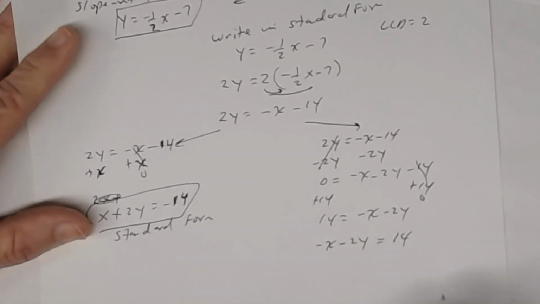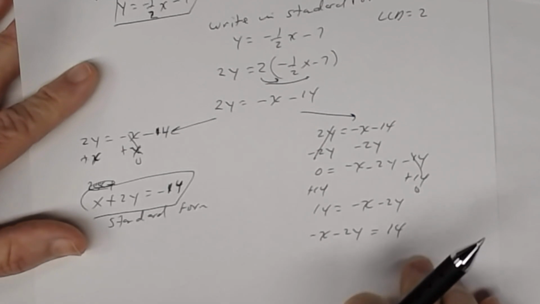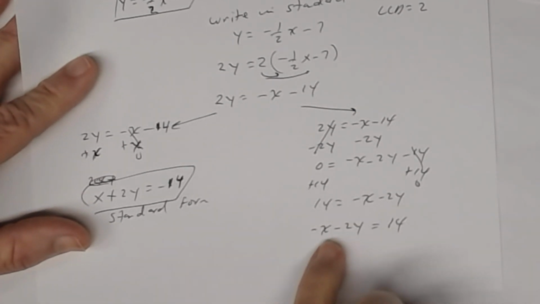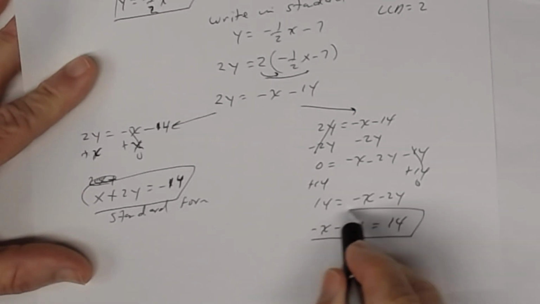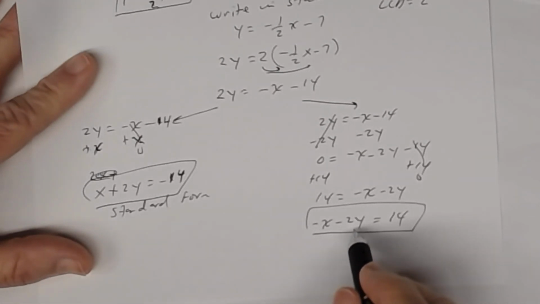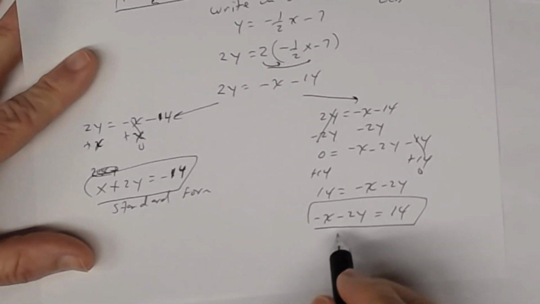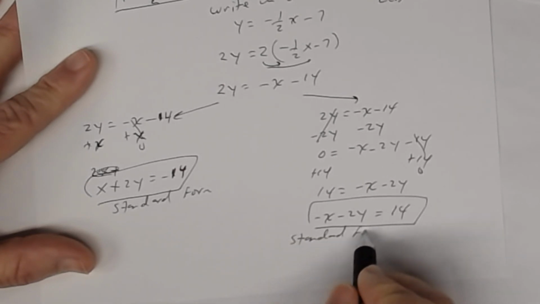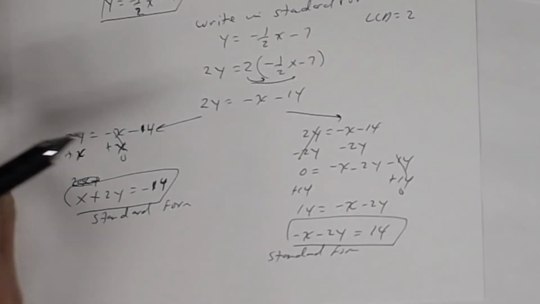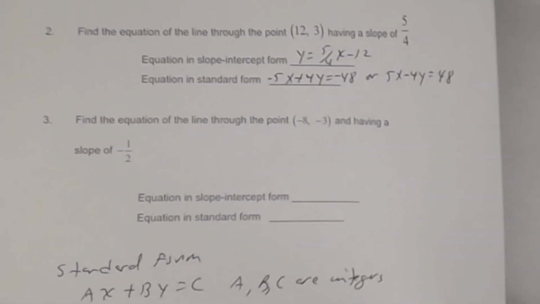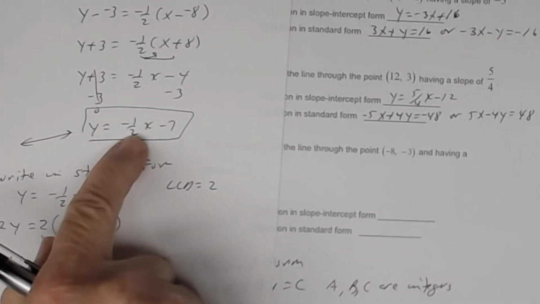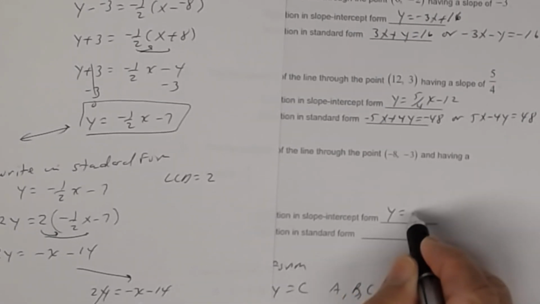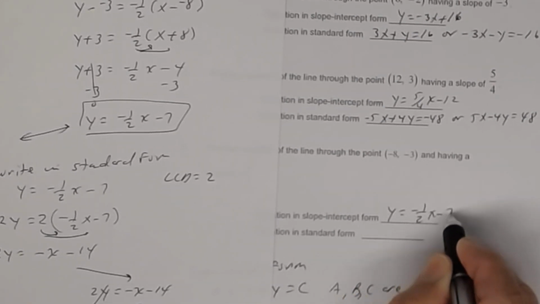Okay, so we're just transposing both sides. And so therefore, here's the other way to write the equation in standard form. Writing down the answer: for slope-intercept form, all of you would have had this equation, y equals negative 1/2 x minus 7.